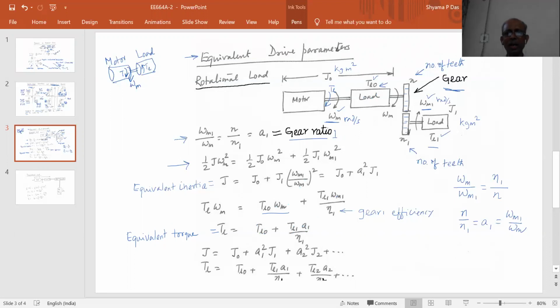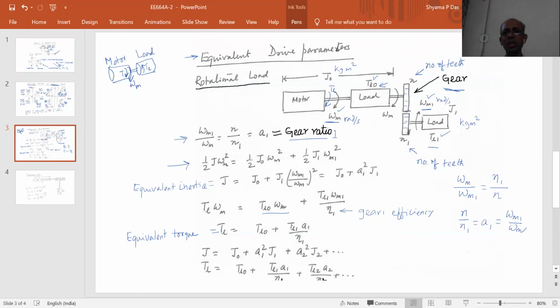A1 is omega m1 by omega m, and eta 1 is the efficiency of the first gear. So we come to the conclusion that the equivalent inertia and equivalent torque can be given by these expressions. The equivalent inertia is given by J naught plus A1 square J1.